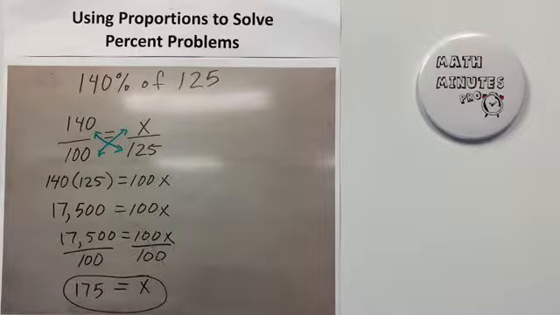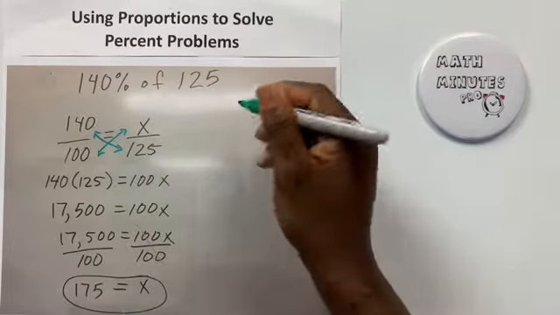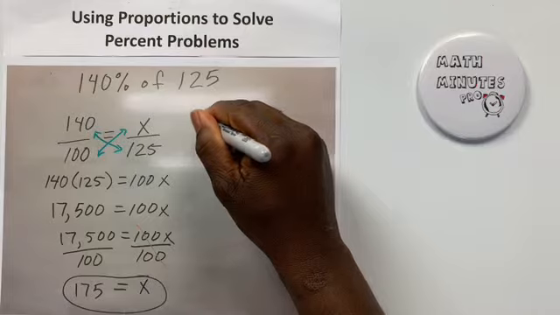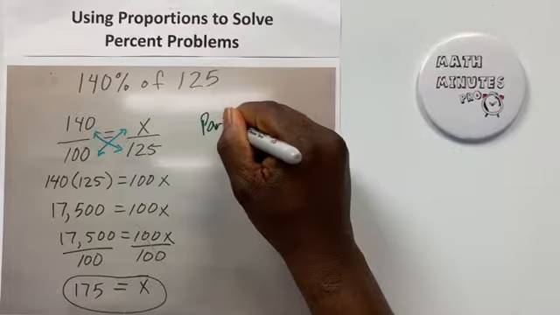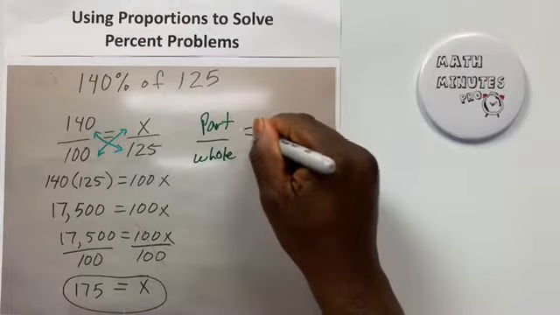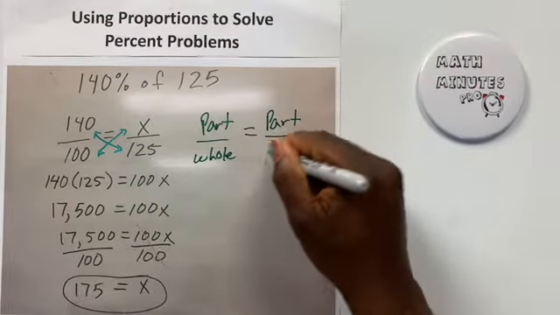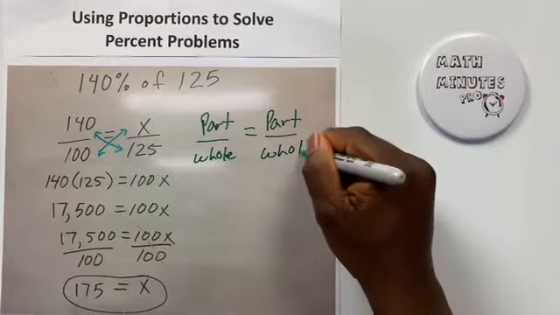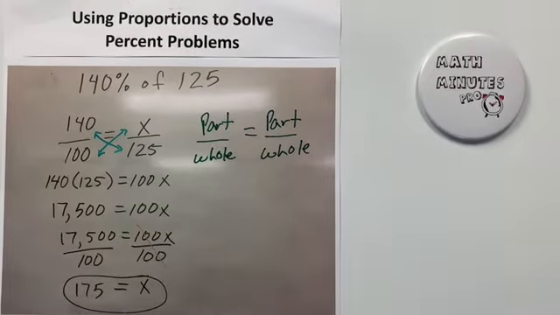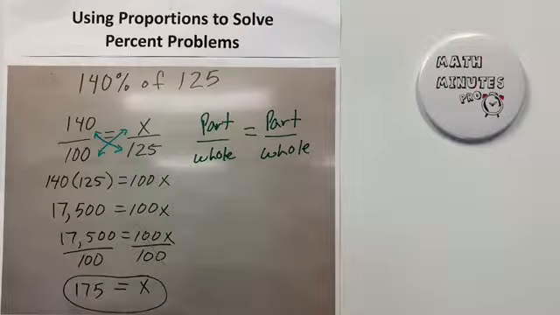Now, the positive thing about this is when you are setting up a proportion, you have part over a whole equal to part over a whole. So we want to set up the proportion and then we can perform our calculations.